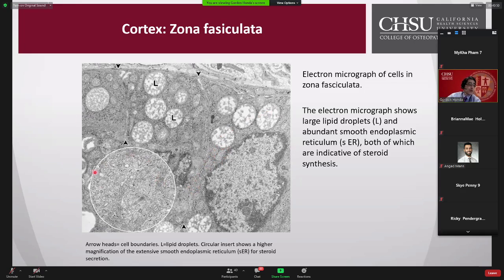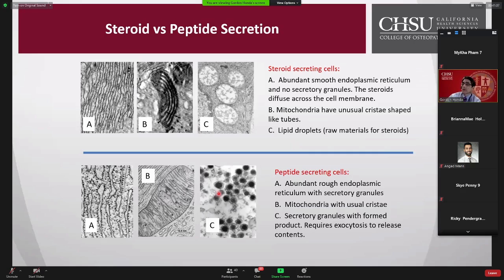And this is a magnified area of somewhere here. And this is smooth endoplasmic reticulum here. So this would be a much better representation of the adrenal cortex. But sometimes dealing with a crappy picture forces you to think it through.